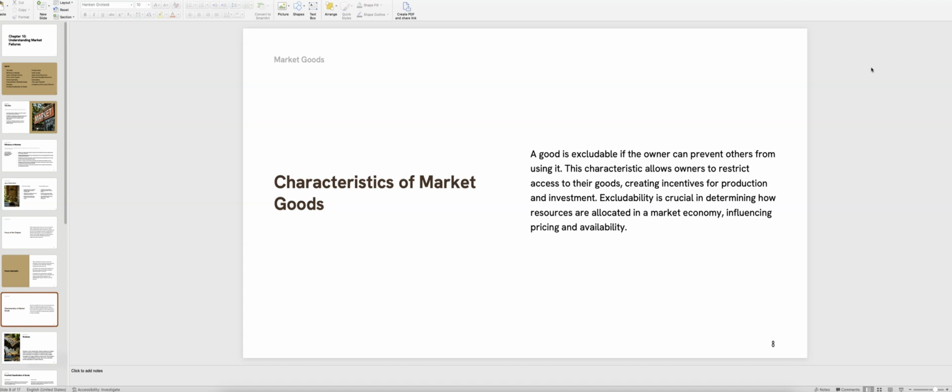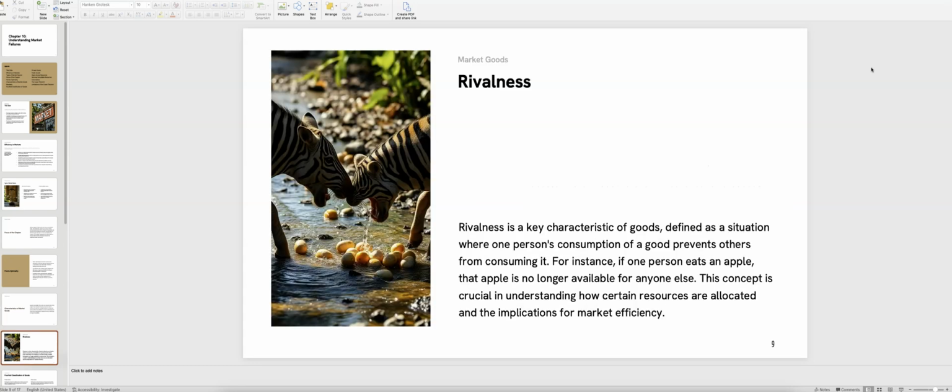Finding the optimal price leads to us having the optimal amount produced, the Pareto optimal amount produced. The complications come when goods are no longer rival and no longer excludable.